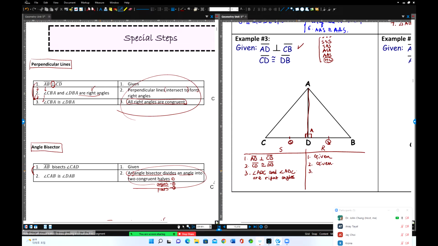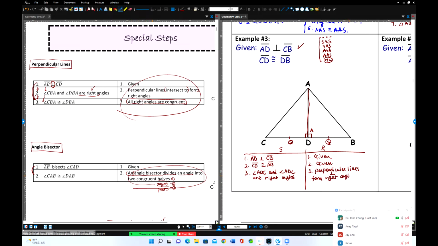The reason we did already: perpendicular lines intersect to form right angles. That's fine. Or you can use perpendicular lines form right angles. This time I'm going to use the words, okay? Perpendicular lines. Well, you can use this symbol too. Perpendicular lines form right angles.